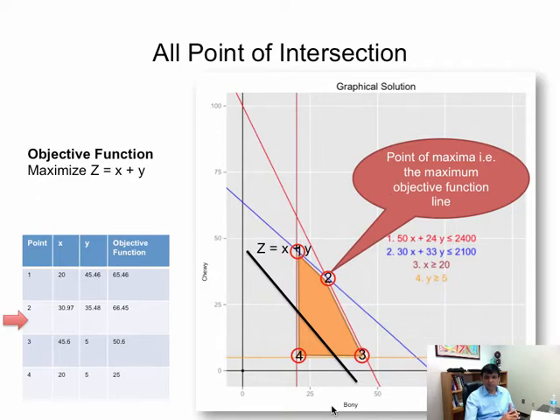In this current scenario, it is moving towards the point of maxima. So clearly, by incrementally changing the value of z, our objective function line is able to identify the maximum value for the objective function. You may also want to notice that the maximum point is the corner point feasible solution, which we did talk about in the previous slides also.